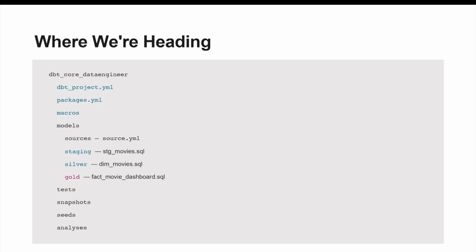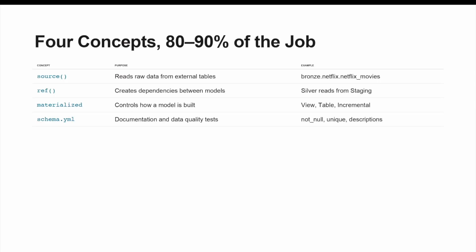As I was saying, we are building our DBT models for our end-to-end Netflix project. There were four major concepts that we must know, and in most of our DBT implementation we use only these four concepts.